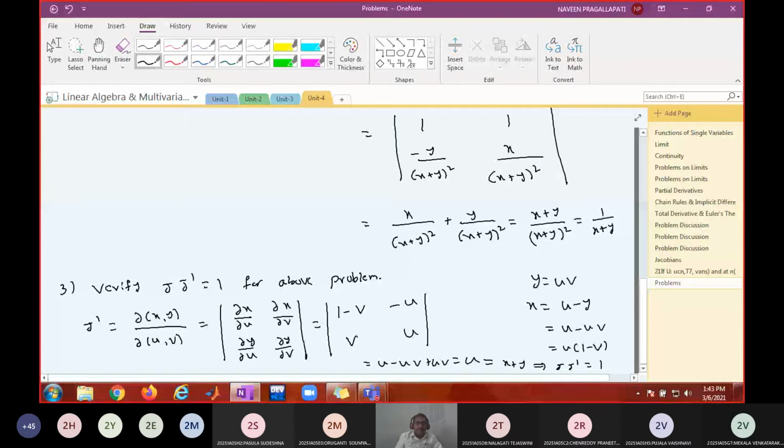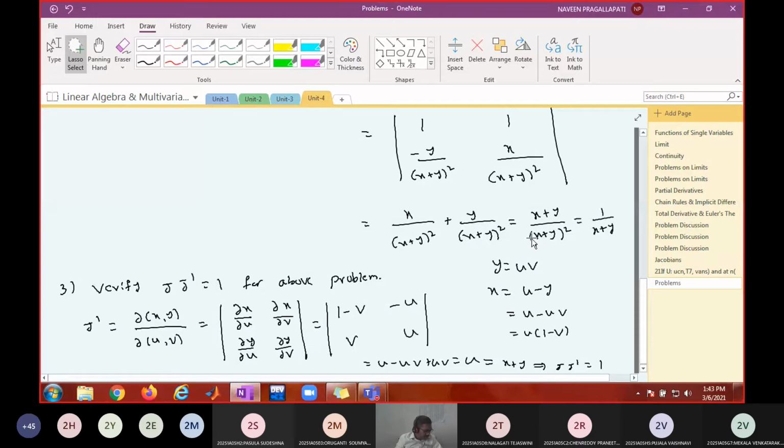Is that okay? So you just do it in your book neatly. Is it fine? Yes. Right.